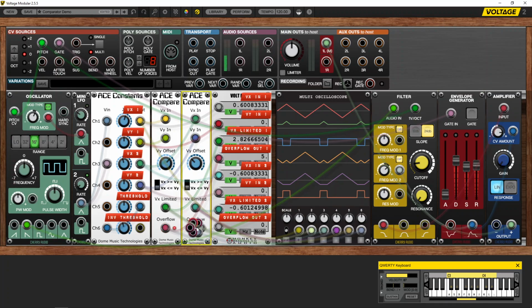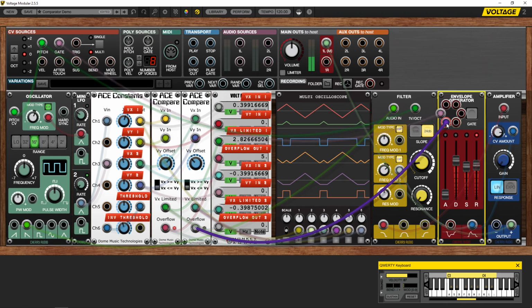So if we just take it from this one, every time comparator 2 goes over the threshold limit, it's triggering the envelope generator. So you can set different threshold levels on different comparators and trigger different envelope generators or percussion generators at different points in the cycle. Get some interesting sort of rhythmical and sequential ideas out of that.